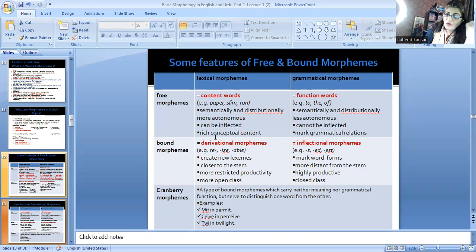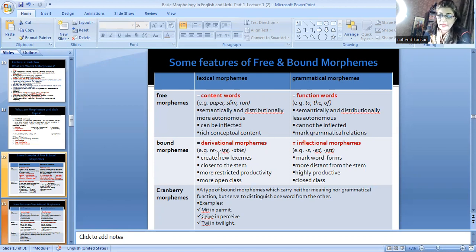The free morphemes as content words are richly conceptual, while the function words mark grammatical relations in the words. Now let's see a few features of the bound morphemes. Bound morphemes can be found in the derivational process of word making, and they are considered to be derivational morphemes, like re, ize, and able.